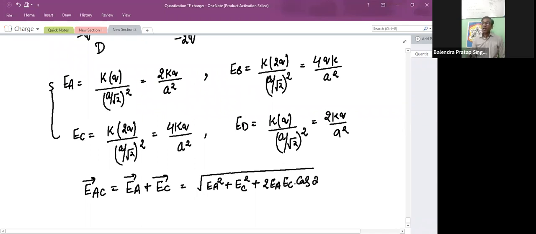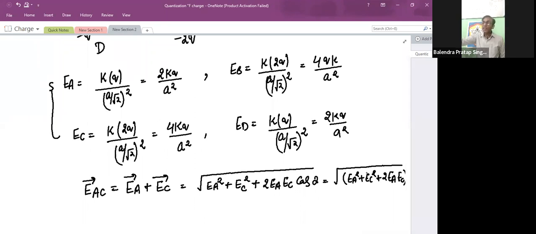So what is the value of cos theta here? What is theta here? Theta is 0. So you will get the square root of EA square plus EC square plus 2 EA EC, which is nothing but EA plus EC whole square, and in this case the square root will vanish.